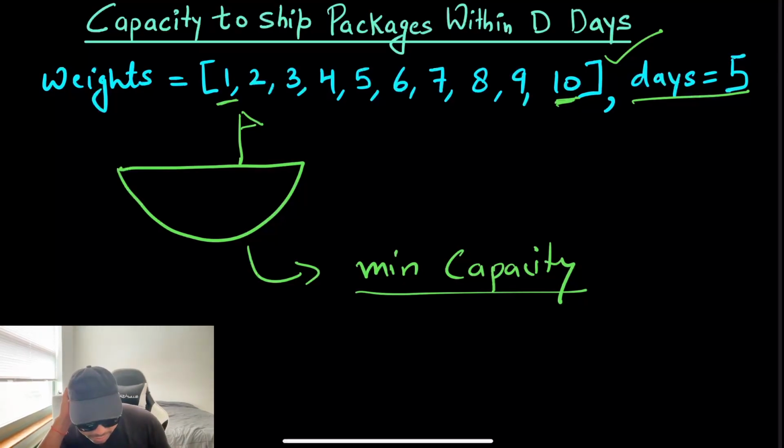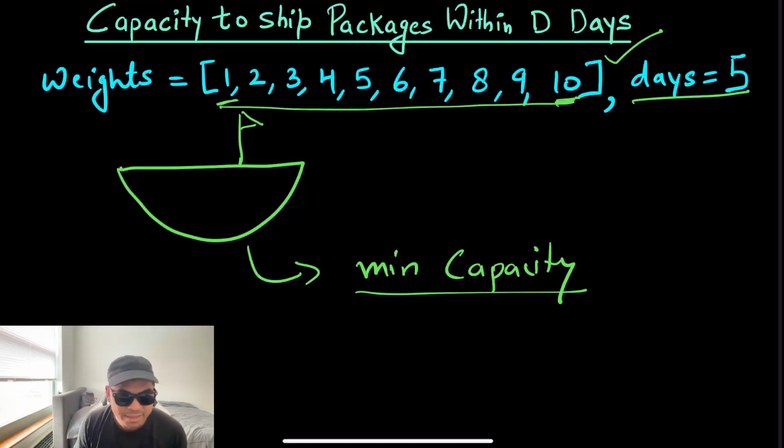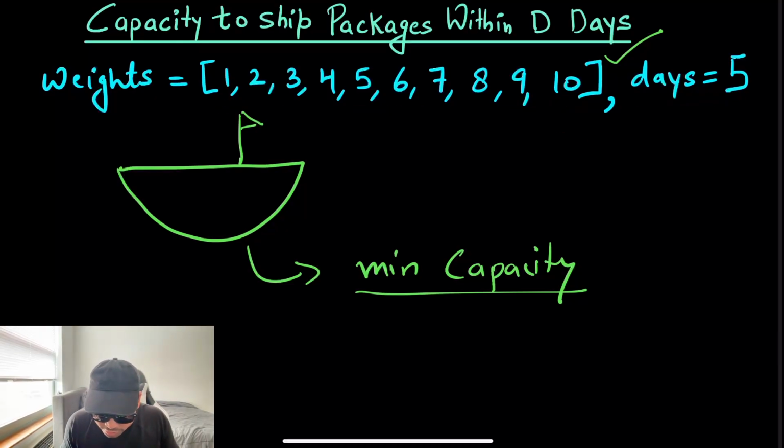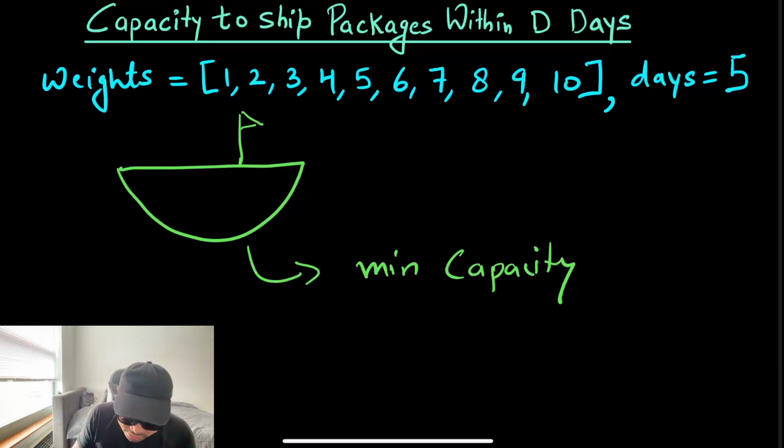But honestly, what I realize is, how about we just have some decent capacity range, so that we are able to even ship all of these together, even in one go, even in one day. I know we need to utilize all the days, but the range could be the sum of all of these. So what I'm trying to say is, how about our range is, what is the sum of all of these?